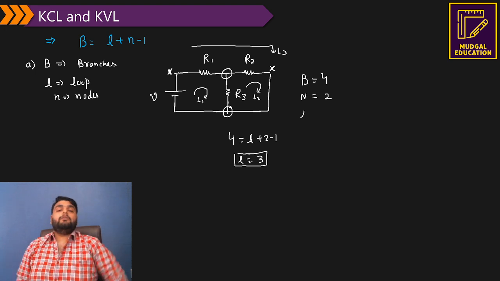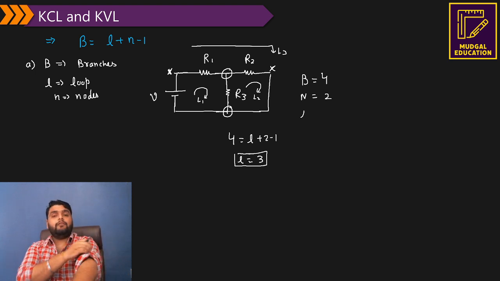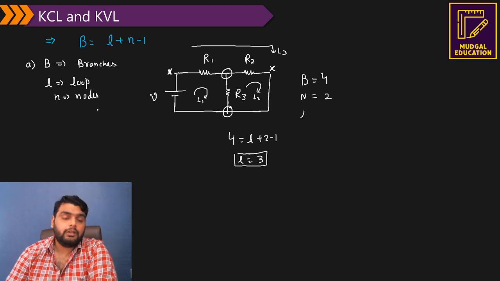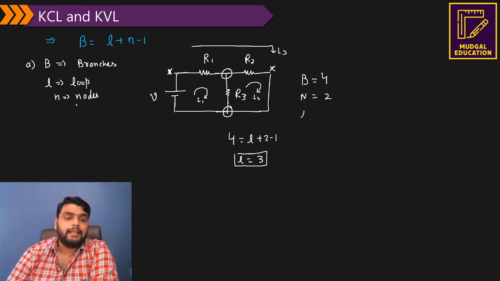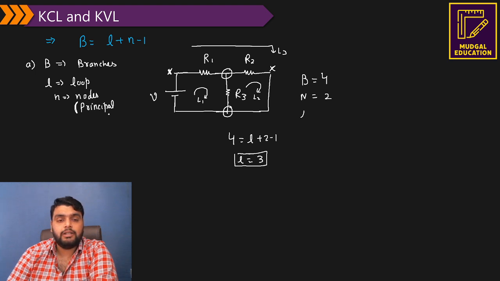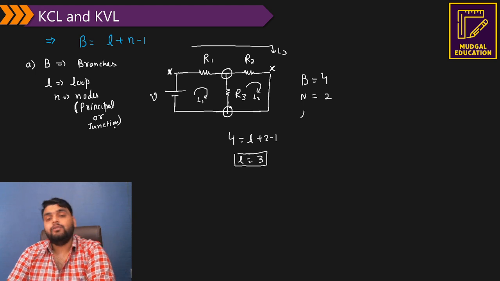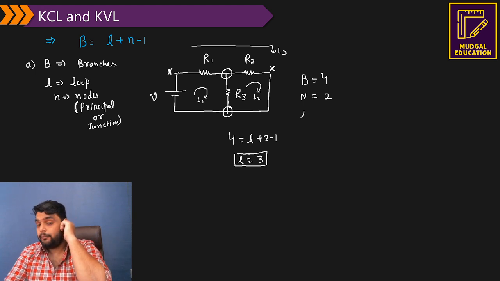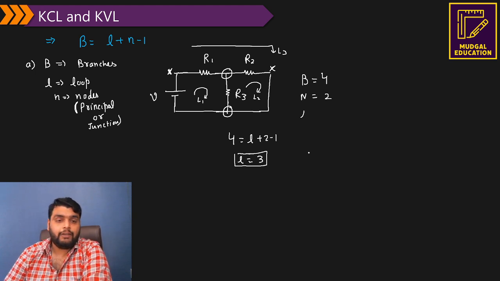Simple. So the number of loops comes out to be 3. It means the formula is satisfied here. One more thing you need to understand here, children, is that the node we are taking is actually a principal node, or you can say a junction. You cannot take a simple node while using this formula.